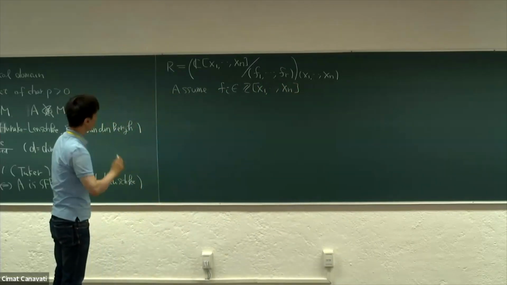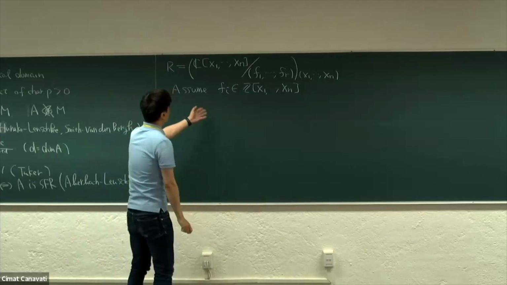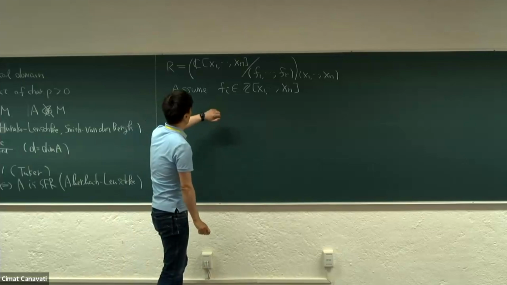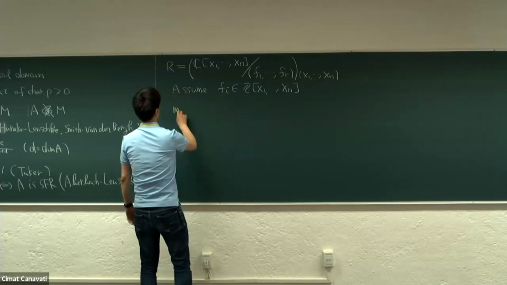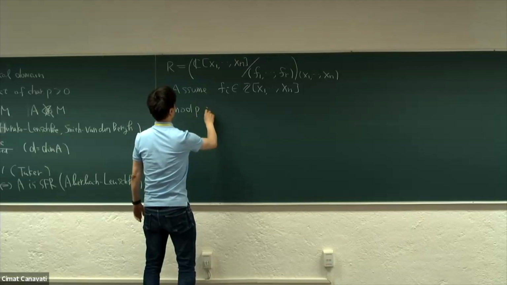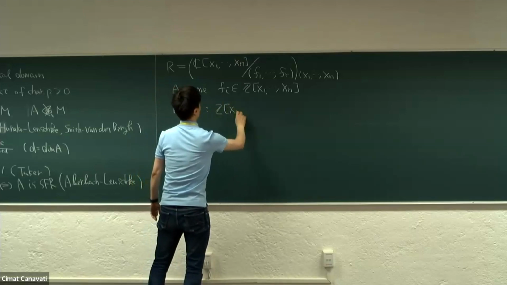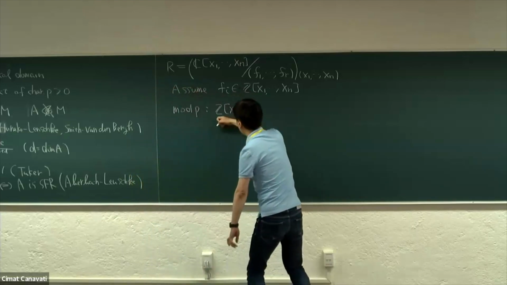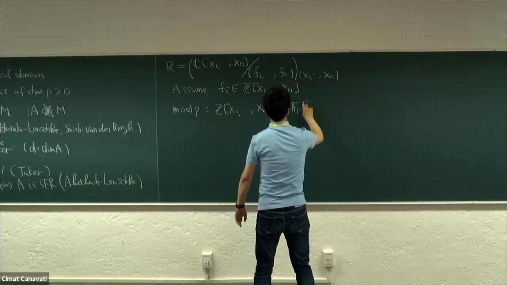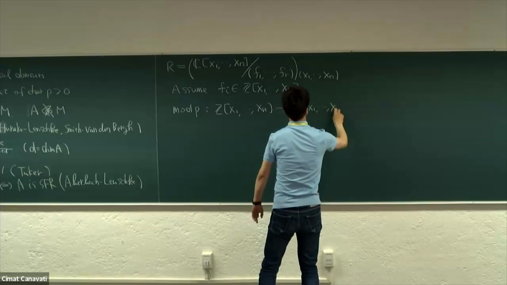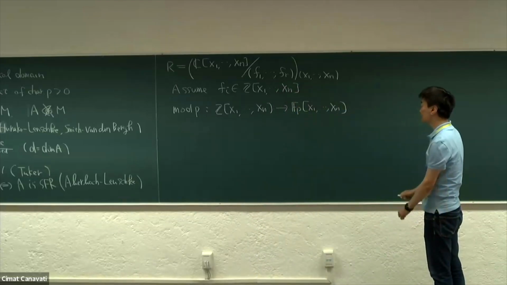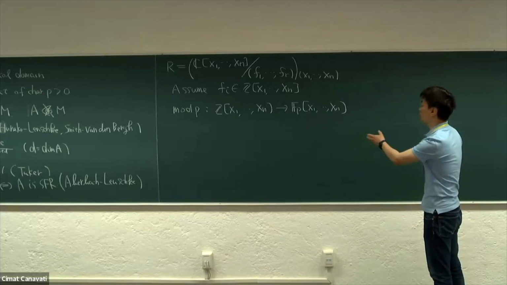Then, considering mod p reductions of R, you have a natural map from the polynomial ring over Z to the polynomial ring over F_p, just taking the mod p quotient.